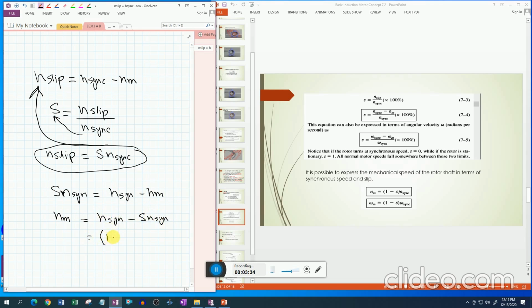Taking n synchronous common, it is equal to n synchronous times (1 minus s). This is that equation, that's how it is derived, which I show here.